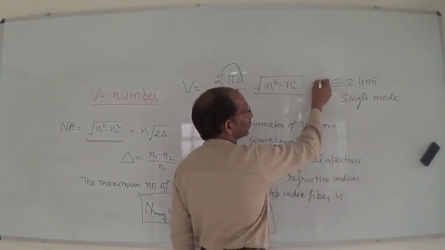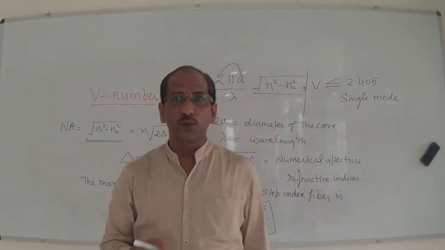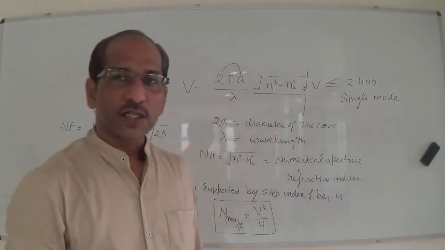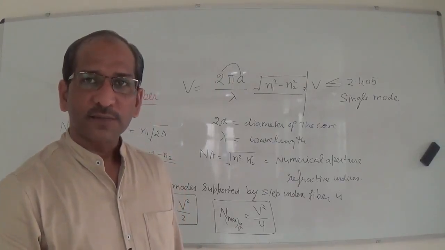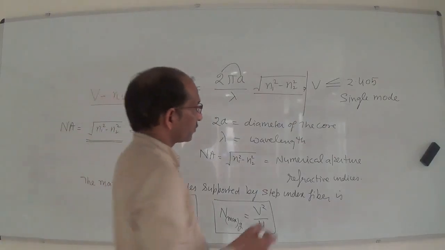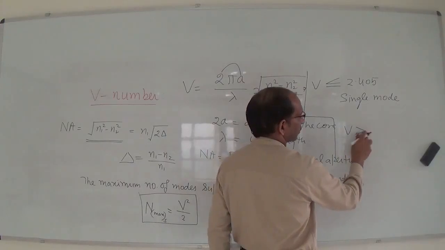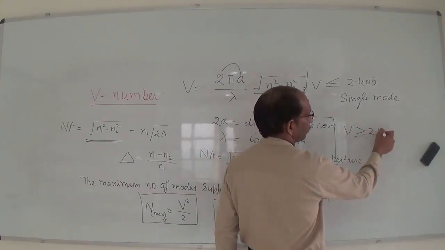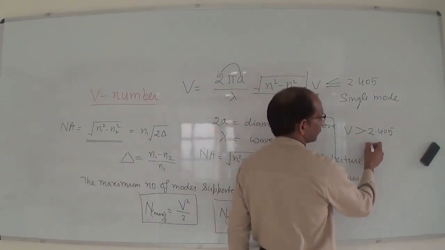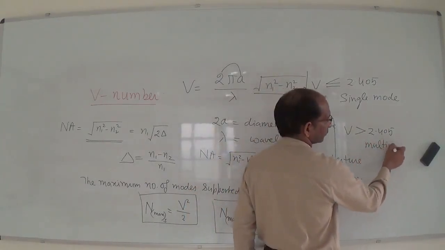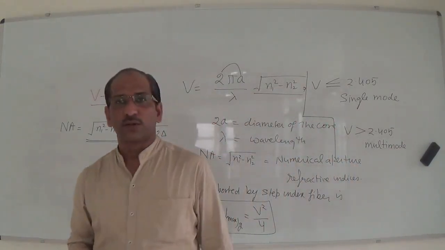If V is less than or equal to 2.405, we say there is only one mode, and that optical fiber basically is single mode. But if V is greater than 2.405, then there will be multi-mode. That optical fiber basically will be of multi-mode.